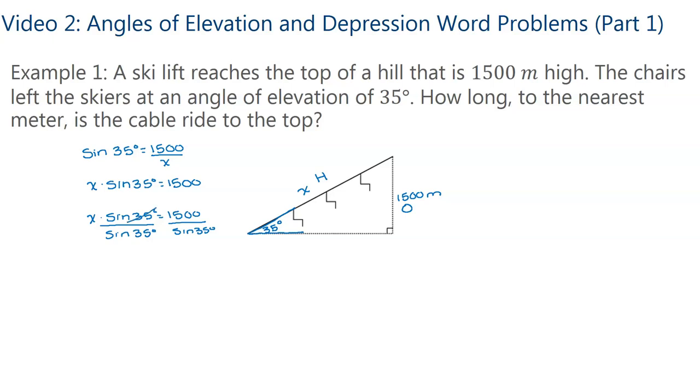So now on the left, I just have x, and on the right, I need to divide 1,500 by sine 35. In the calculator, what I get when I round it to the nearest meter is 2,615. So then we can say that the cable ride to the top is 2,615 meters long.